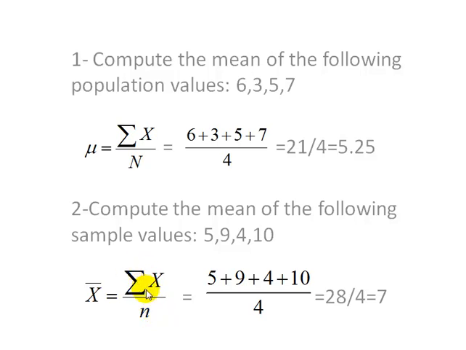Sigma again shows the operation of adding. So sigma x equals 5 plus 9 plus 4 plus 10, and n means the number of values in the sample. There are 4 numbers in the sample, so the denominator is 4. So we get 7. The sample mean here is 7.